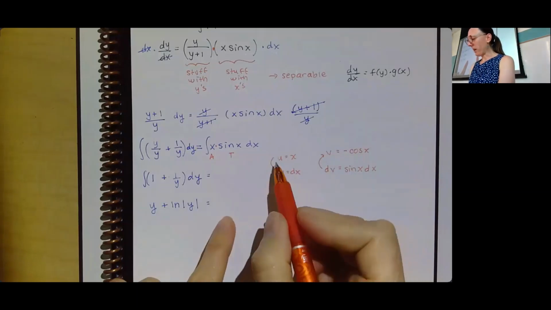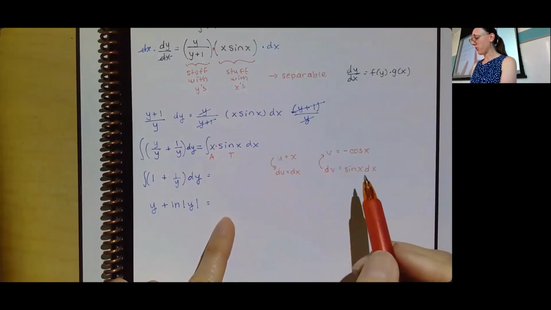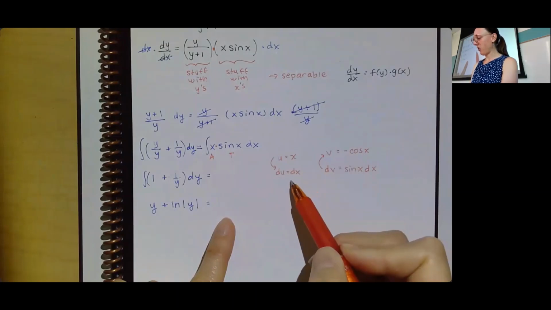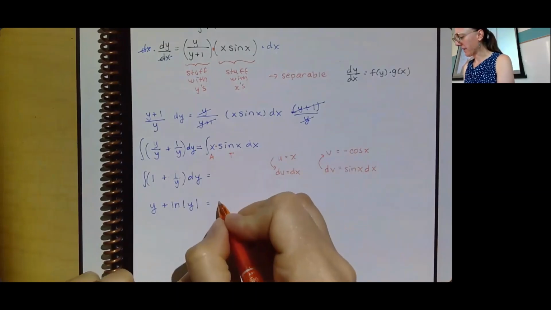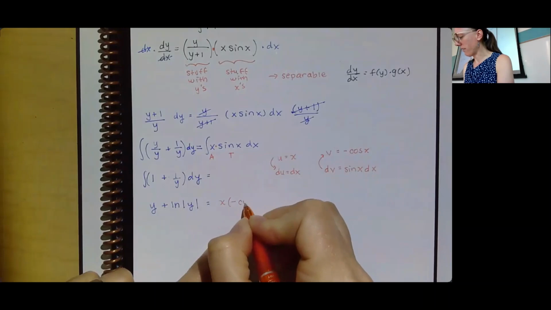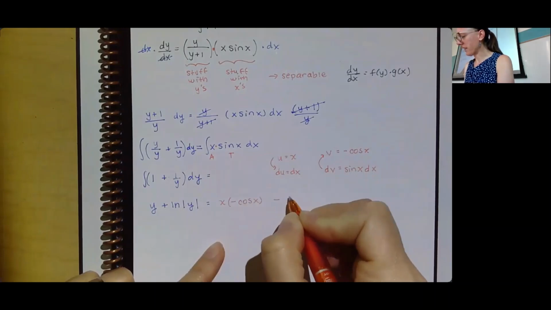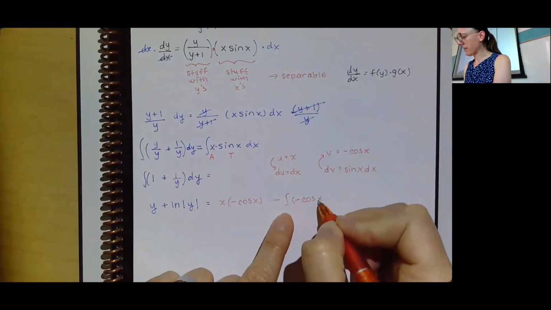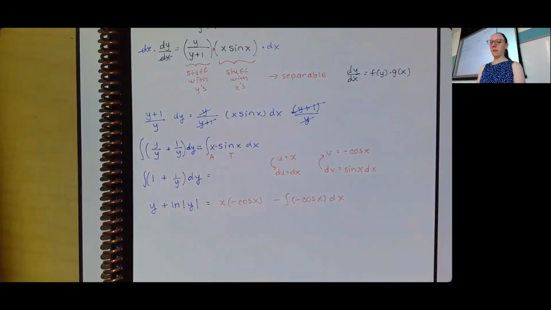So I know that I'm going to end up with u times v minus the integral of v du. So I'm going to have x times negative cosine of x minus the integral of negative cosine of x dx. I always pause here when I'm doing integration by parts to multiply through any constants or minus signs before I do the next step.